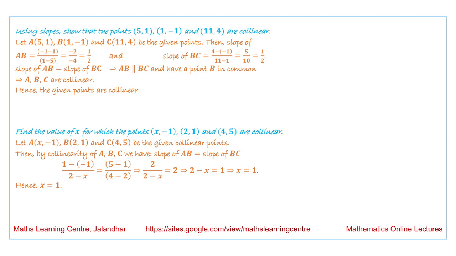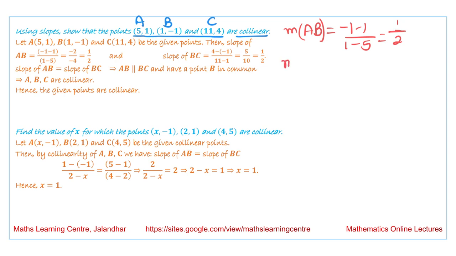Next is, using slopes show that these 3 points are collinear. We are naming these points as A, B and C. Now if we calculate the slope of the line AB, it is equal to minus 1 over (1 minus 5), and the answer we obtain is 1 by 2.